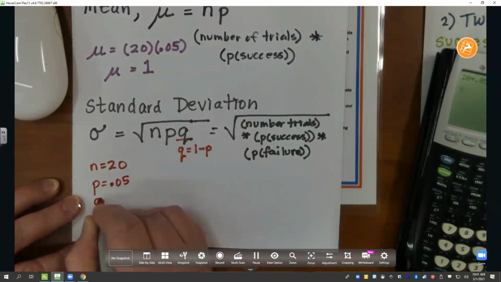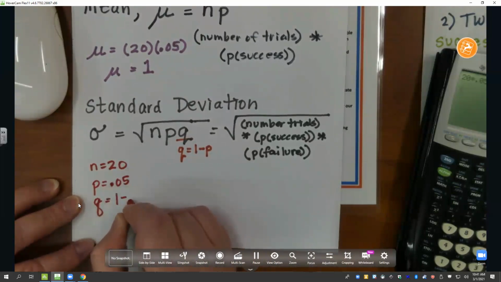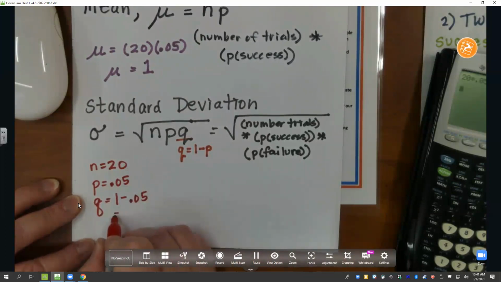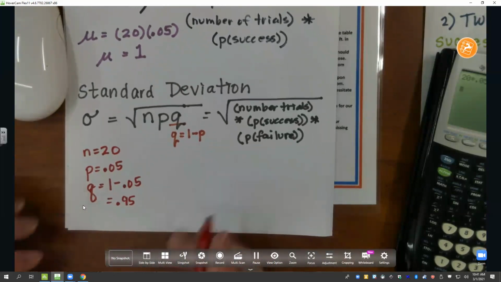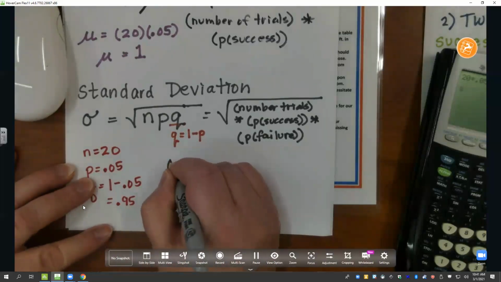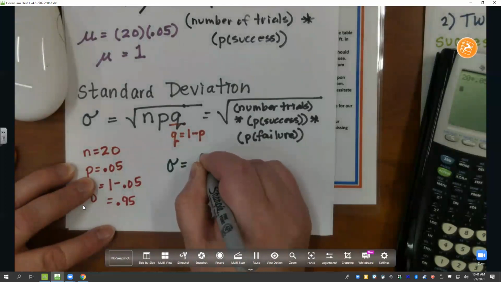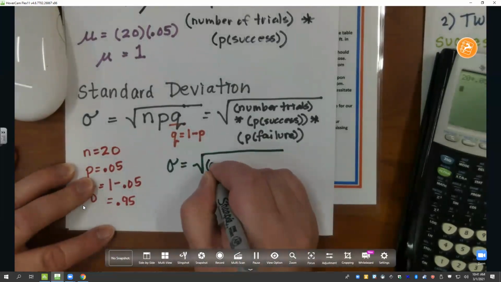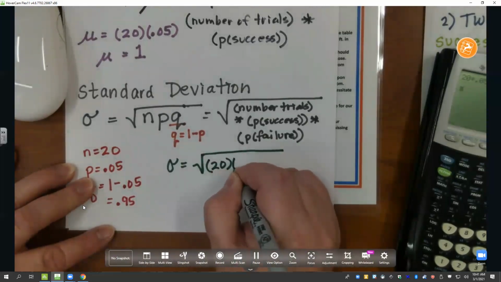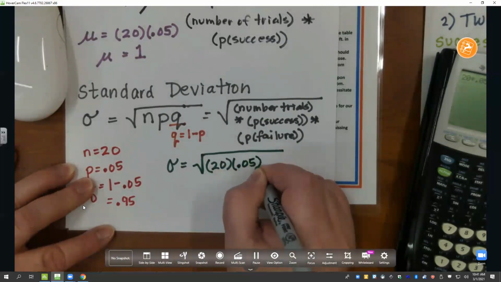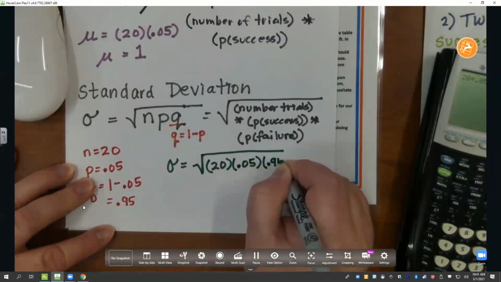If the probability of afraid is 0.05, what's the probability they're not afraid? 0.95. So Q is 0.95. And again, guys, it becomes a plug and chug problem. So sigma, or the standard deviation, would be the square root of 20 times 0.05 times 0.95.